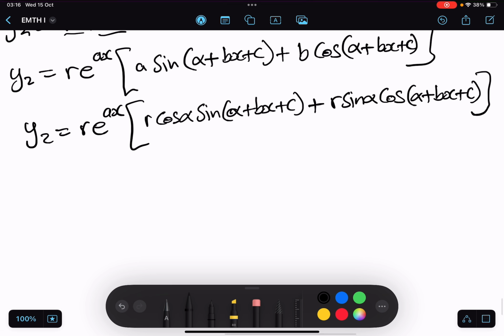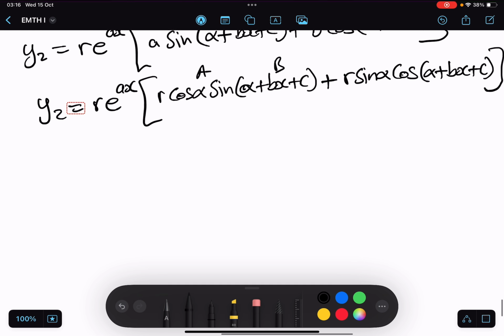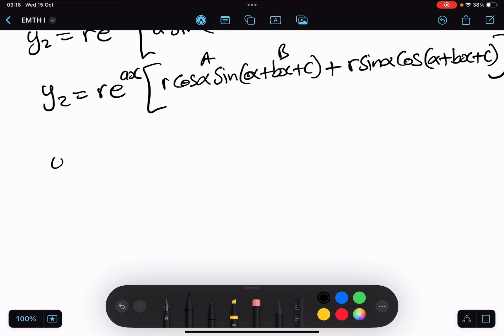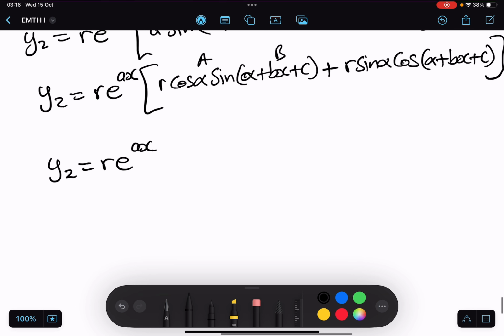And again, using the compound angle, this is going to be A, this is going to be B, right? Using the compound identity, y2 is equal to Re^(ax). This is going to factor out what? When you factor out R and multiply with this R, it's going to be R squared, right?